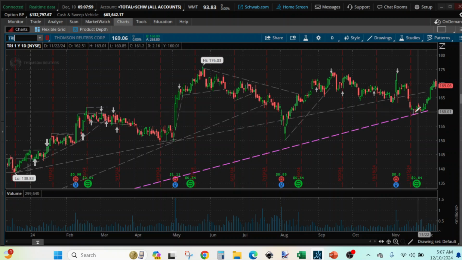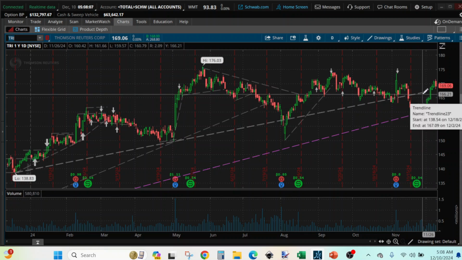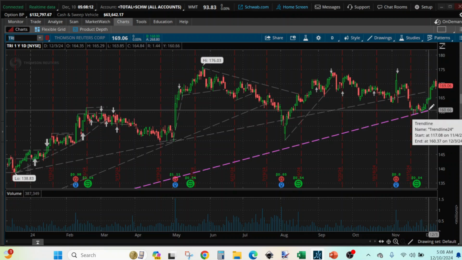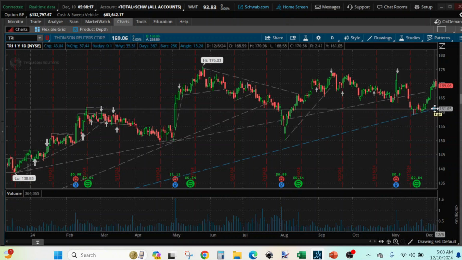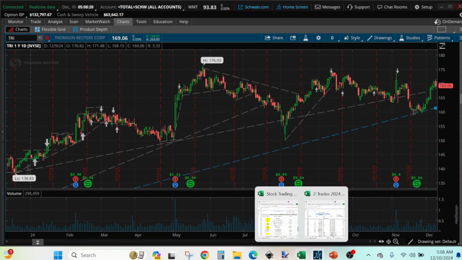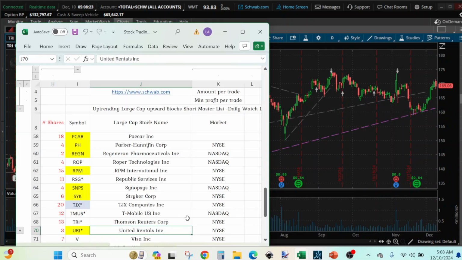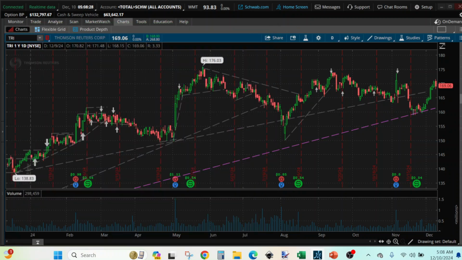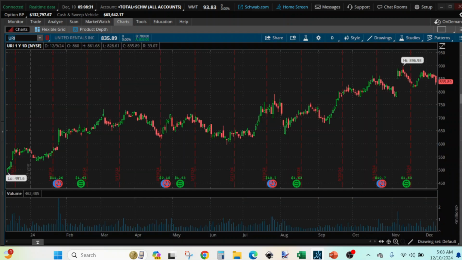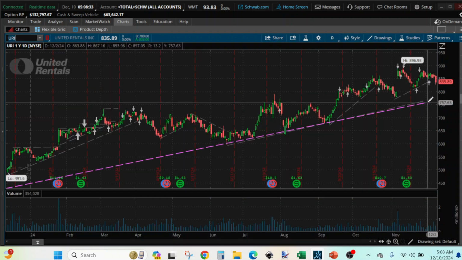TRI touched this and started going up, and this is another line here, but anyway, we like to buy it on this line. It's leaving that line already, but we can just wait for the next time it comes to it. URI. So URI, we like to buy it on this line. We just wait on it.